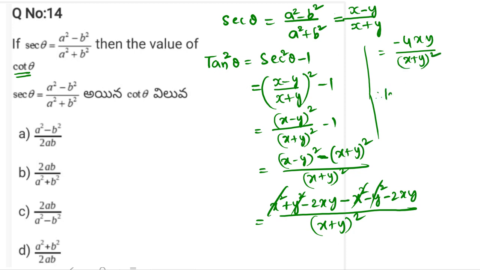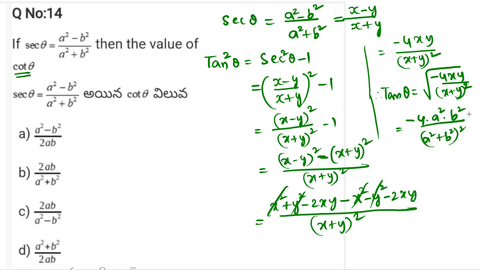So therefore tan theta equals, from this, the square root of minus 4xy by x plus y whole square. This is equal to minus 4 into, what is x actually? x is a square. So minus 4 a square times y, which is b square, divided by a square plus b square whole square, under the root.